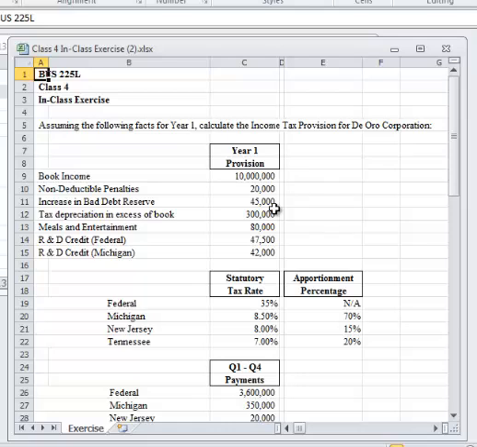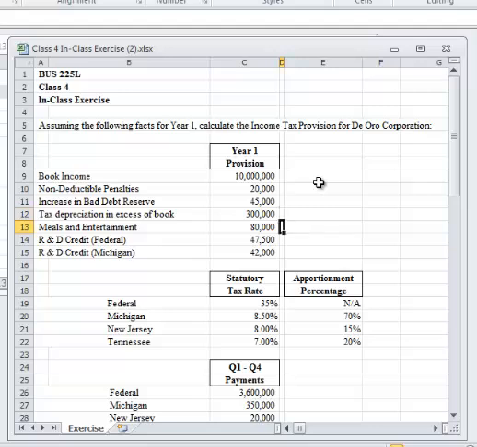Okay, so let's just talk about the facts, make sure we're totally clear. Company with book income of 10 million. Penalties. Perm or temp? Brittany. Perm. Bad debt reserve. Marianne. Tax depreciation excessive book. Megan. Meals and entertainment.